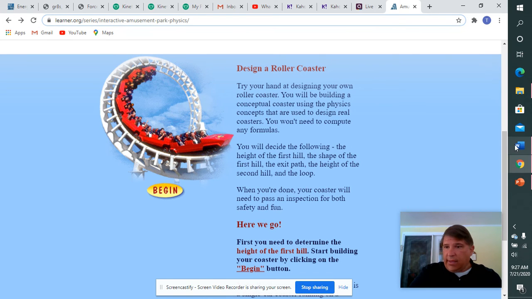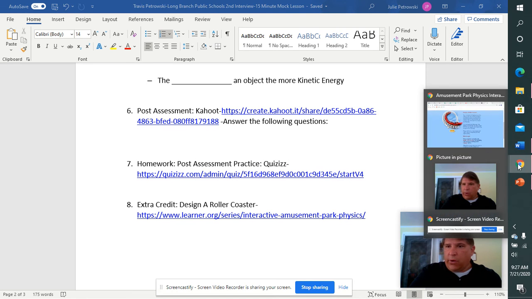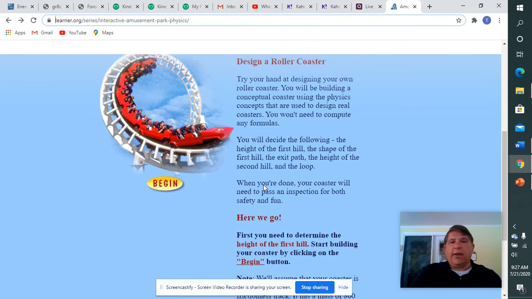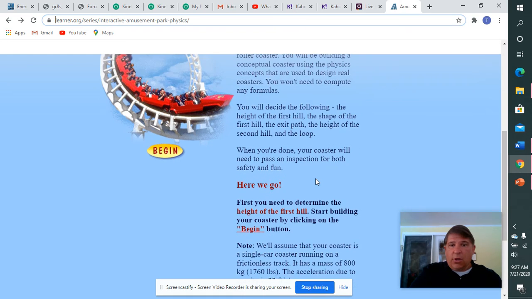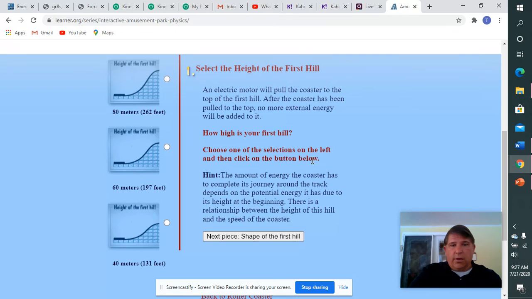And the link is right here on your notes. Okay? Design a roller coaster. In other words, very quickly, it talks about kinetic energy, it talks about potential energy. You go to this link on this page, you push the begin button, you're going to join and read these directions.